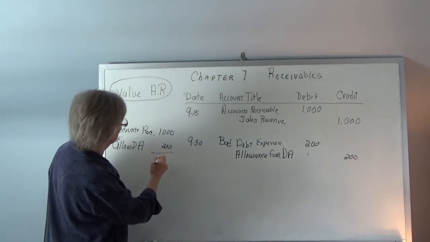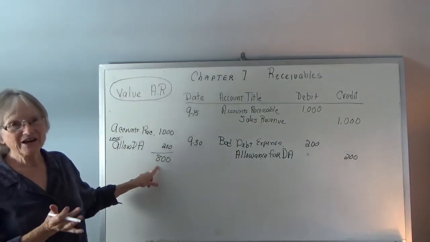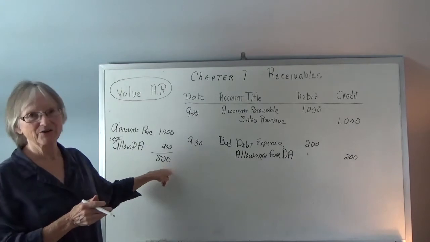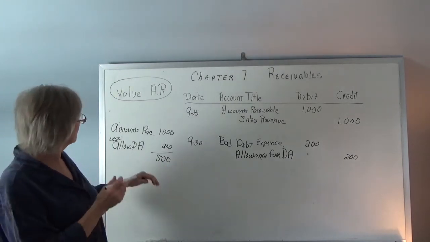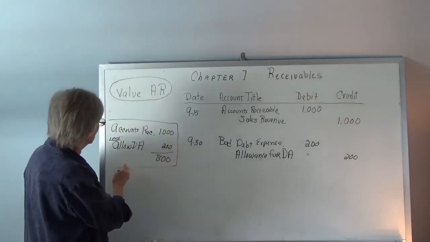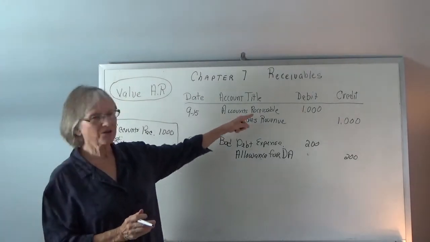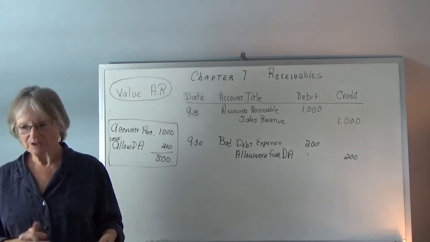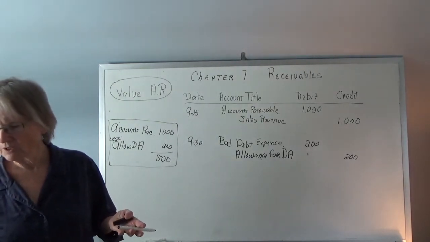That would give you accounts receivable reported on the balance sheet at the net realizable value, which all that means is this is the amount you actually expect to collect based on past experience. So now, under the asset section, you're showing an asset of 800 rather than 1,000, which more properly reflects the economic reality of how much you're going to collect. Okay, so that's okay.